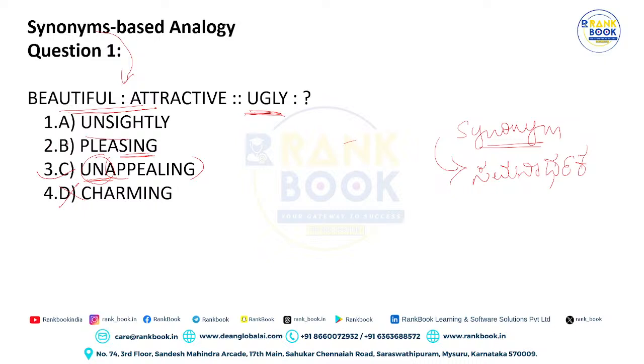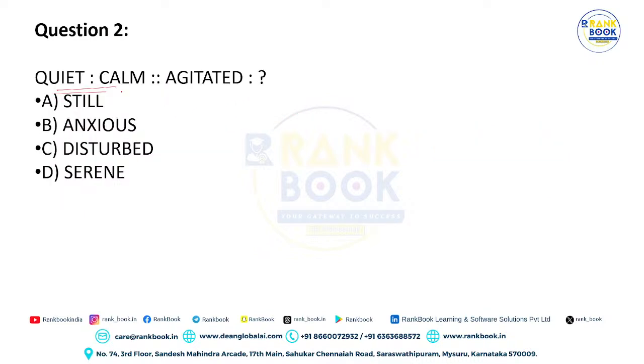Unsightly is also not the answer. If it was appealing, then it wouldn't have been the answer, but it was unappealing. So unappealing goes right, and ugly, the synonym, is obviously stated.